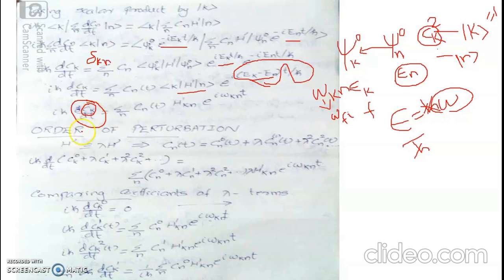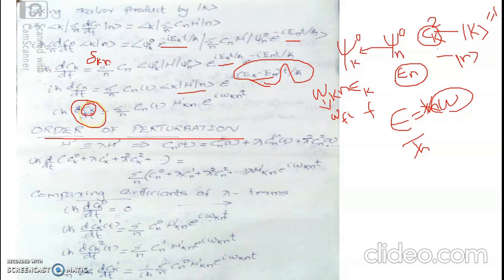Before that, we will have to consider the order of perturbation as long as the time-dependent perturbation theory is concerned. In the earlier case of time-independent perturbation, these are in terms of the order of perturbation.